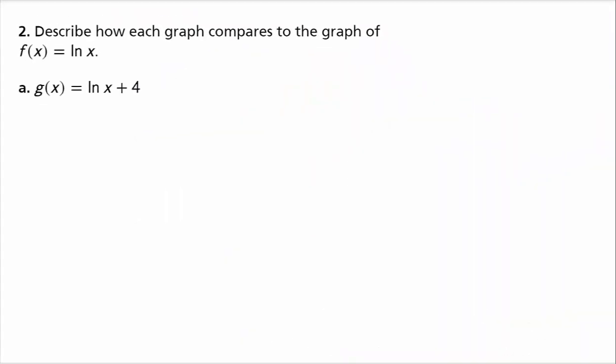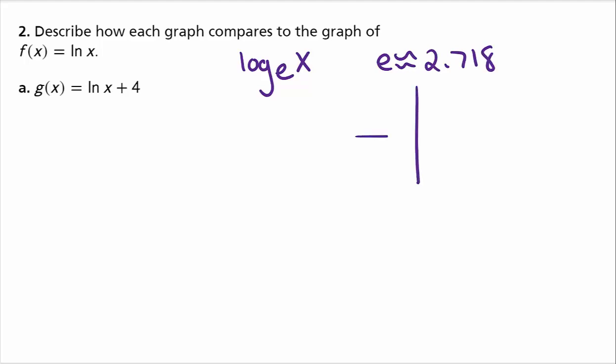Here is our natural logarithm. So remember, our natural logarithm is really just log base e, and e is a number that's approximately 2.718. So that means that if we were to graph the exponential, this would appear to be a growth function.